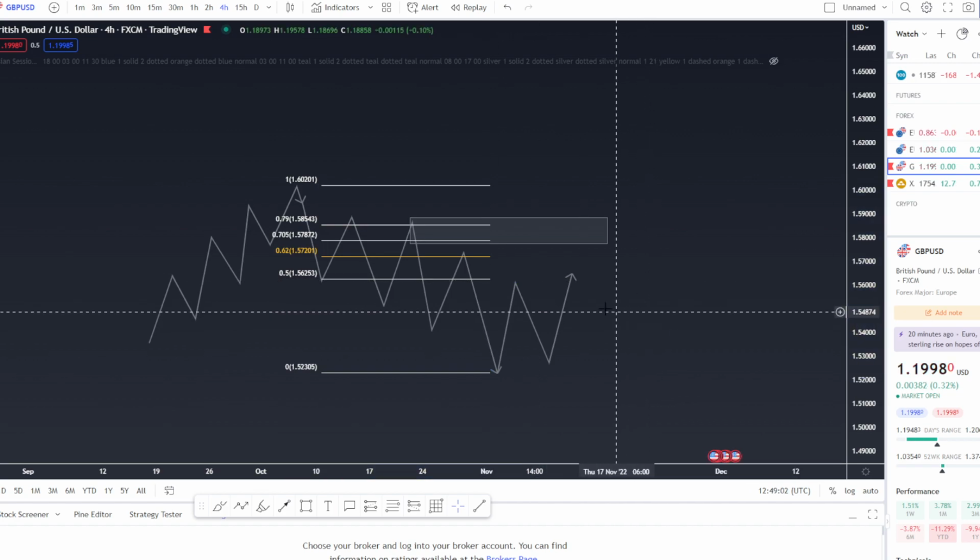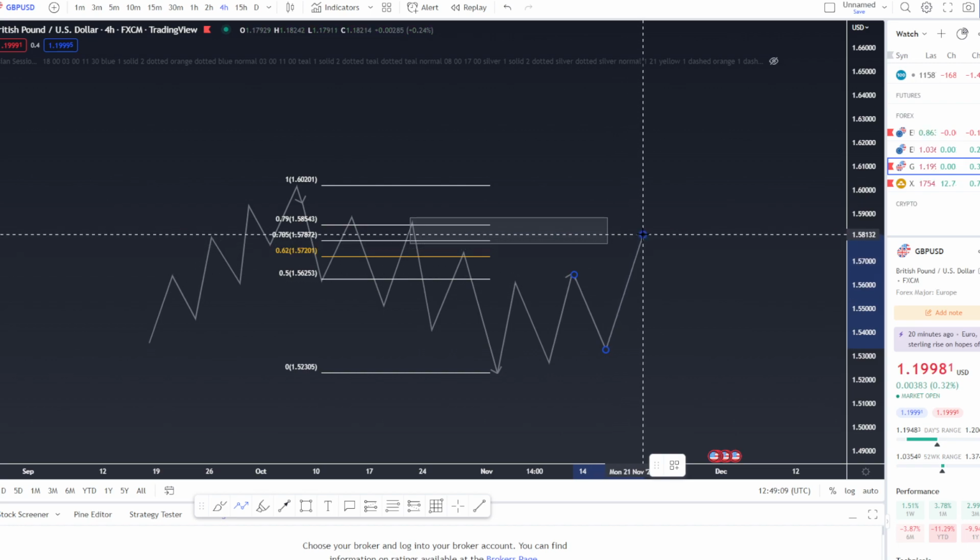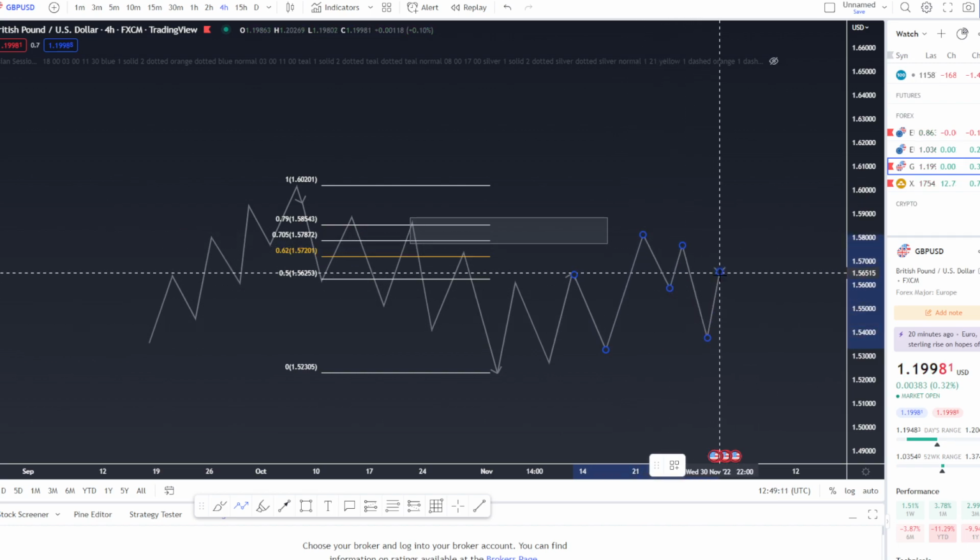And so price likes to pull back above the 50%, all right? So we can expect this and then this.